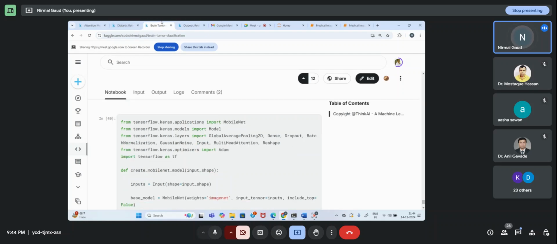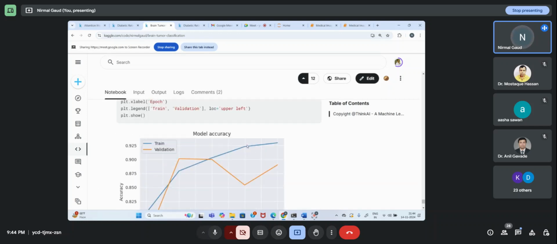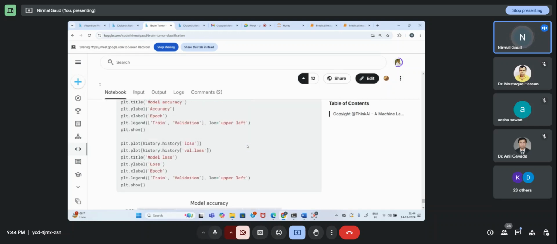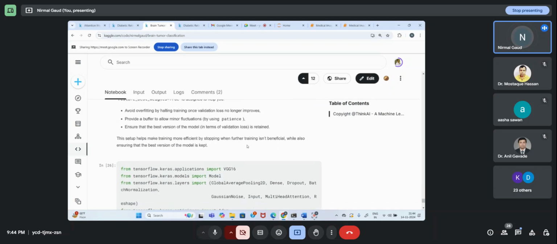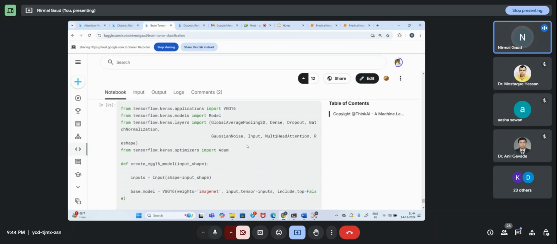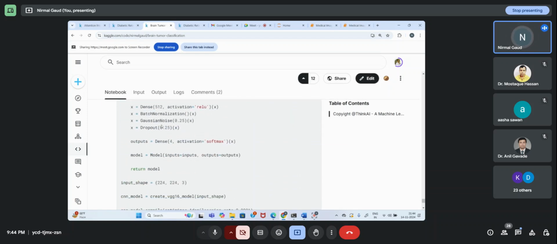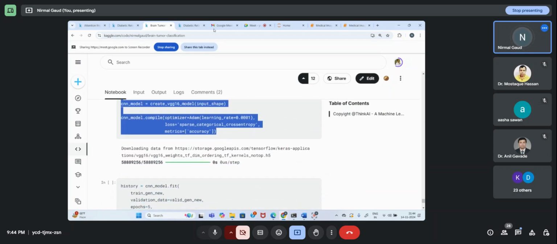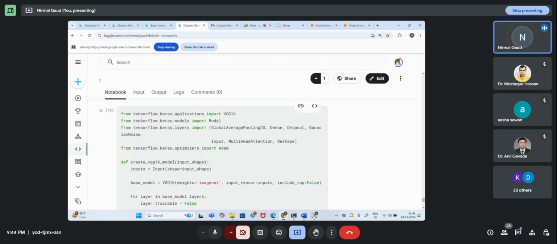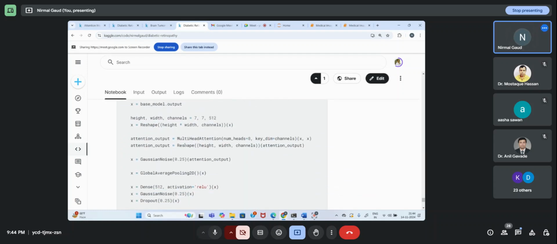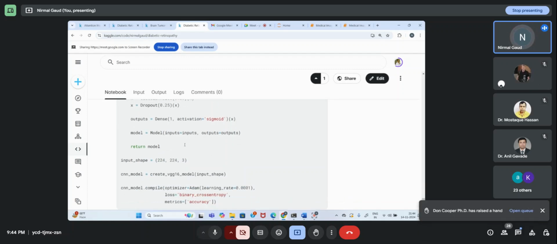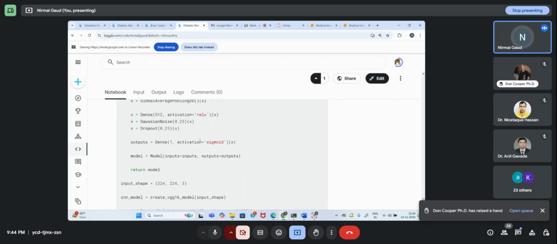If you want to verify, see, this is my architecture for brain tumor. Let me copy this entire architecture and put it here in diabetic retinopathy. You will see the same, entirely the same architecture. Just that as I have binary classification, I changed the activation function to sigmoid.